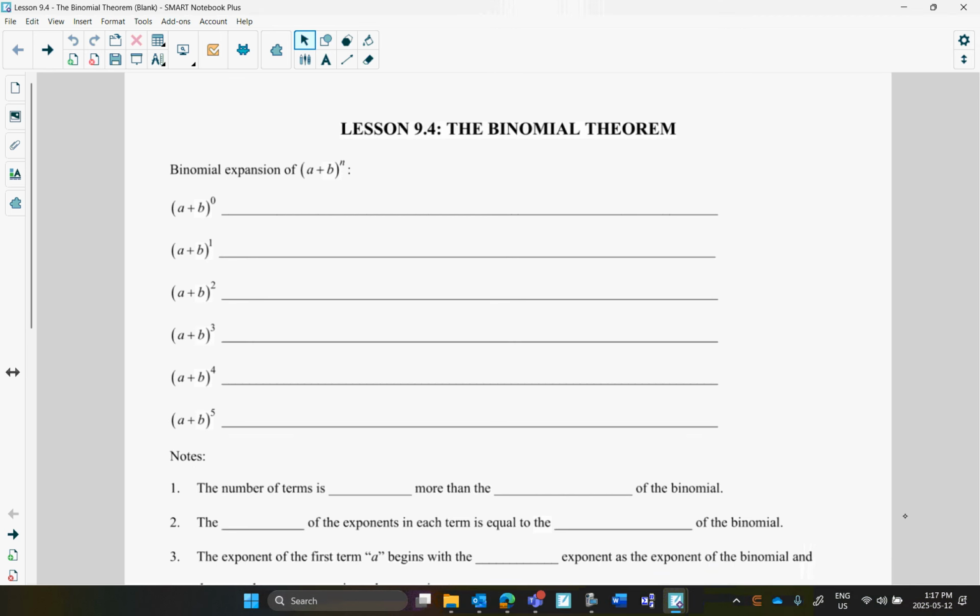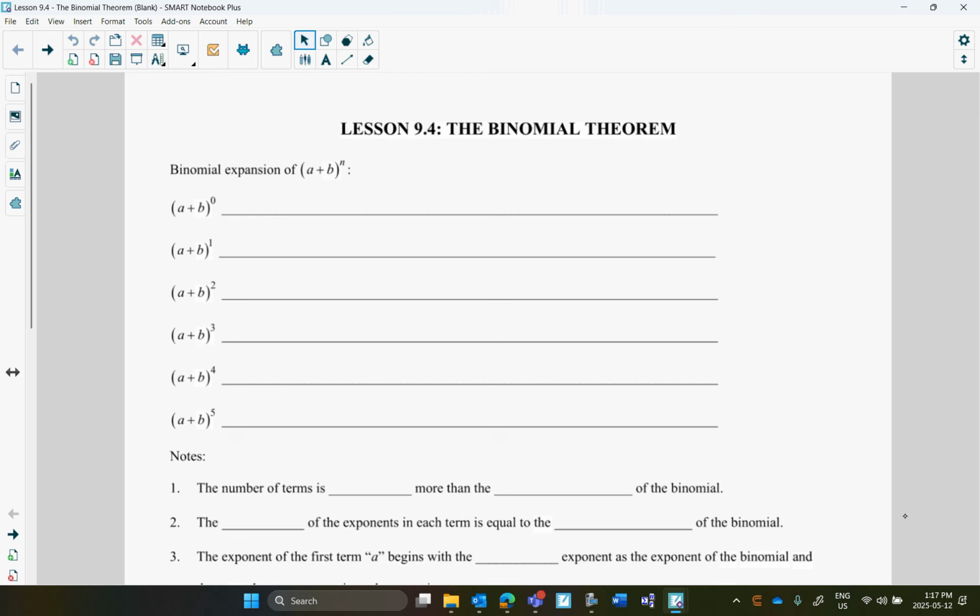Okay, so this unit we talked about counting, specifically permutations and combinations, and how to use them to solve situations where you're counting the number of something that's happening, or the number of objects you can make out of something.